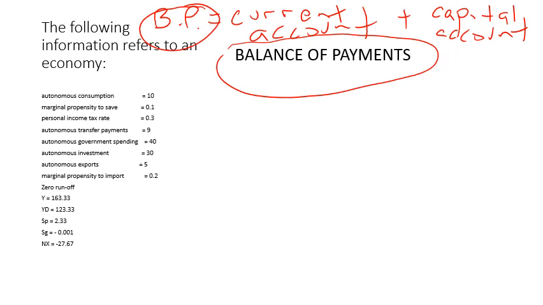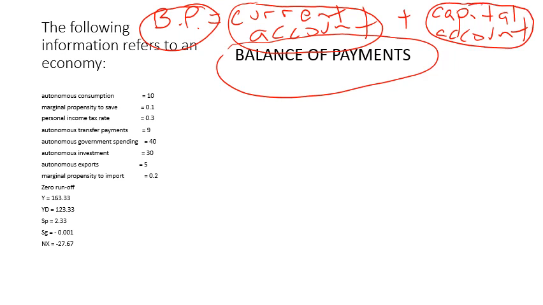The balance of payments is a country's record of international transactions. And there are two types of international transactions. The first type belongs in the current account, and the second type of international transactions belongs in the capital account.